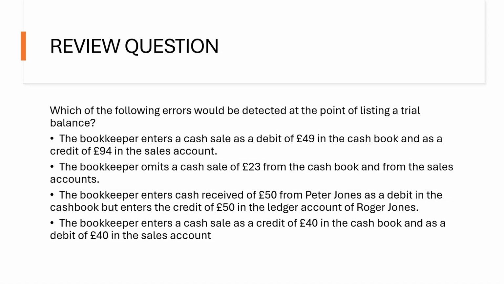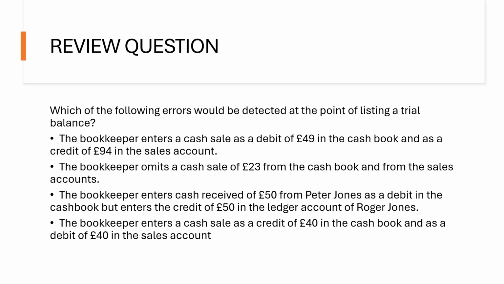Here I have one more review question. Which of the following errors would be detected at the point of listing a trial balance? The 4 choices are listed here. 1. The bookkeeper enters a cash sale as a debit of £49 in the cash book and as a credit of £94 in the sales account. 2.